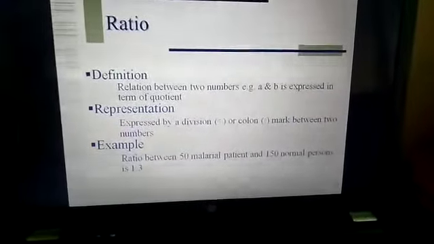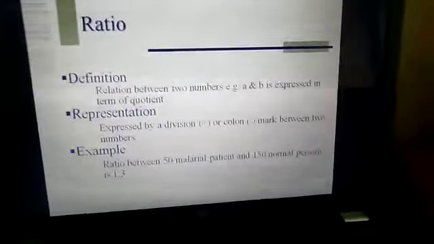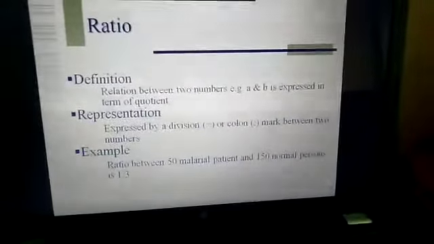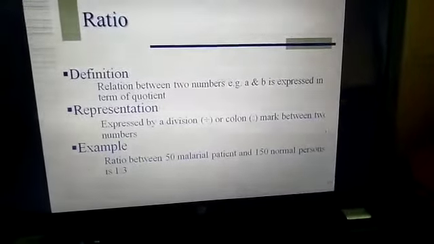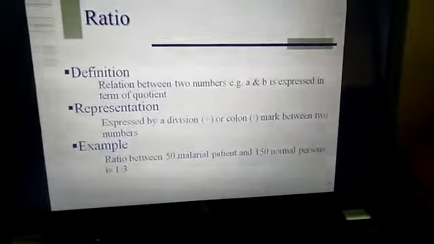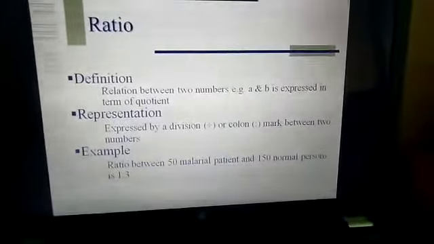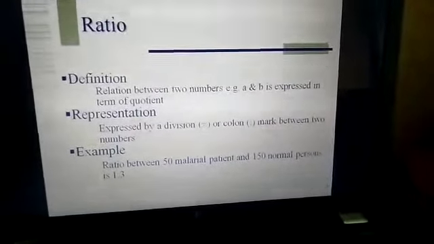Now, what is ratio? It is defined as when a relation between two numbers, for example A and B, is expressed in terms of quotient A/B, it is called the ratio of one number to another number.